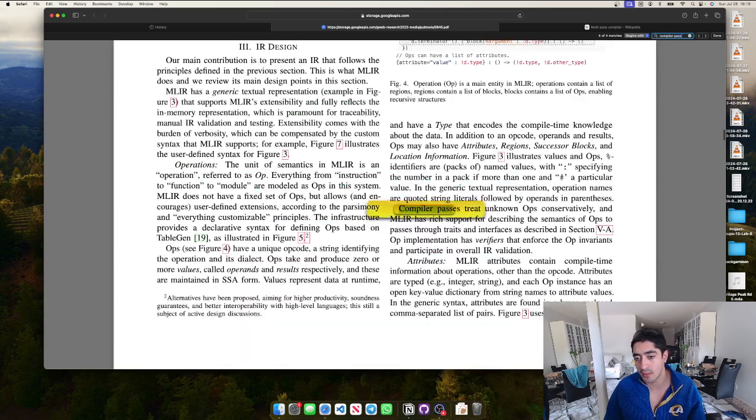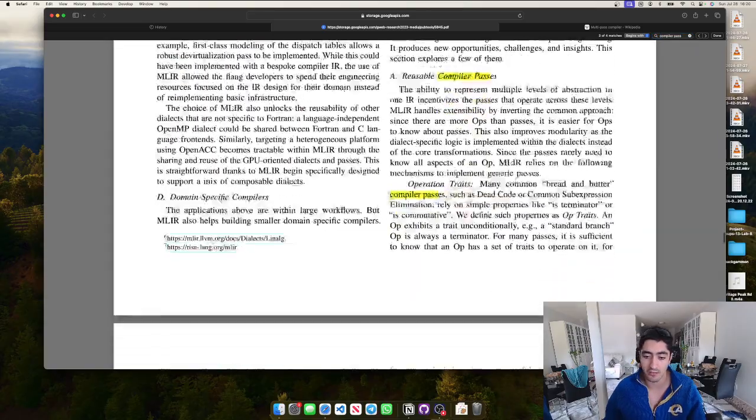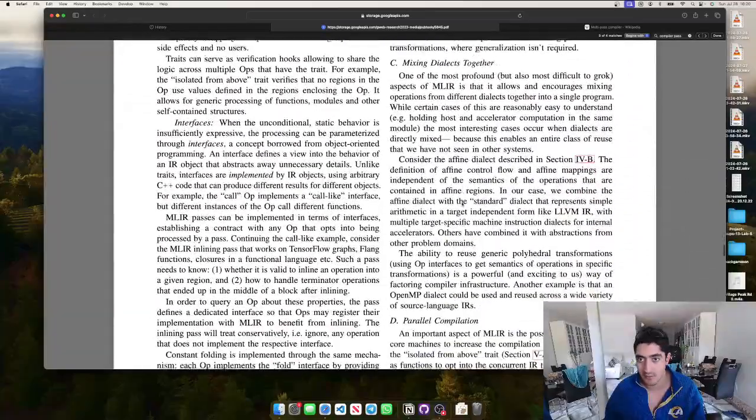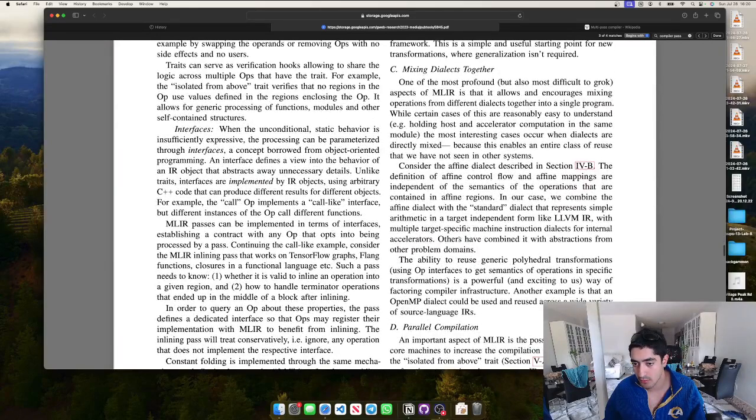Compiler pass. Reusable compiler passes. No, should be here, but not quite sure.